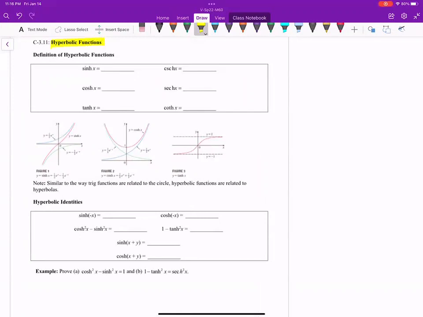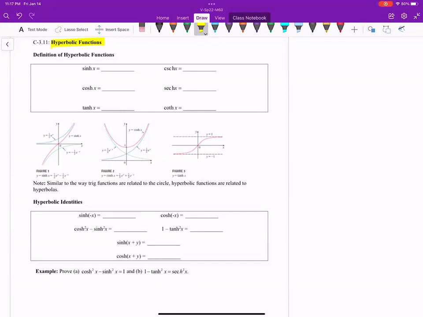Definition of hyperbolic functions. We are going to combine two exponential functions, namely the sum and difference, to write the sine hyperbolic x and cosine hyperbolic x. Sinh x is read as sine hyperbolic x.